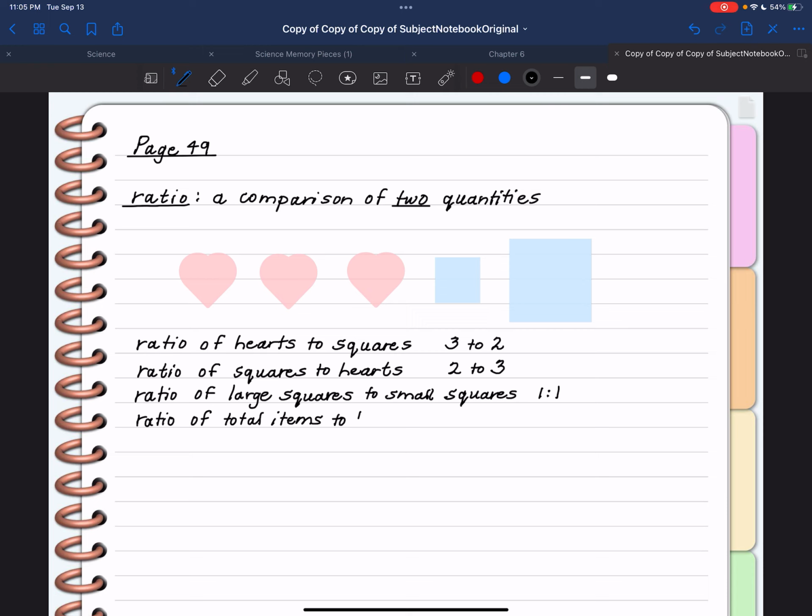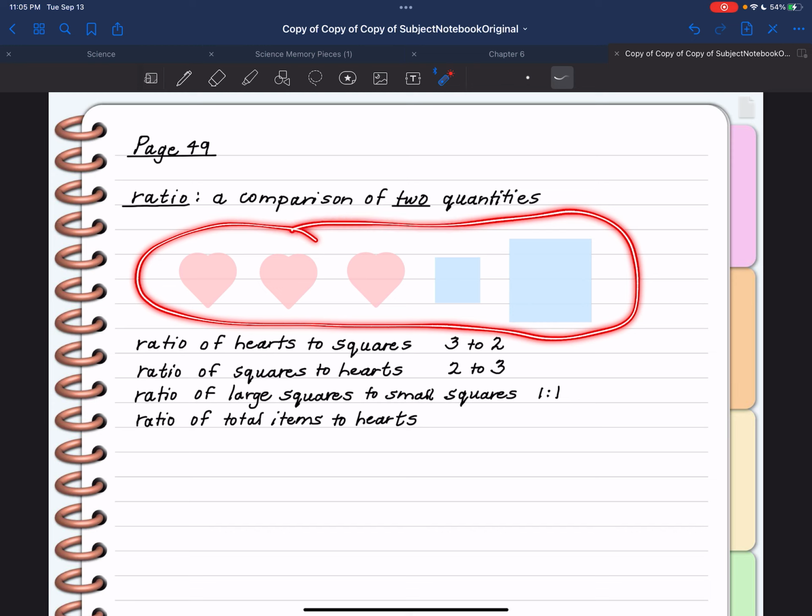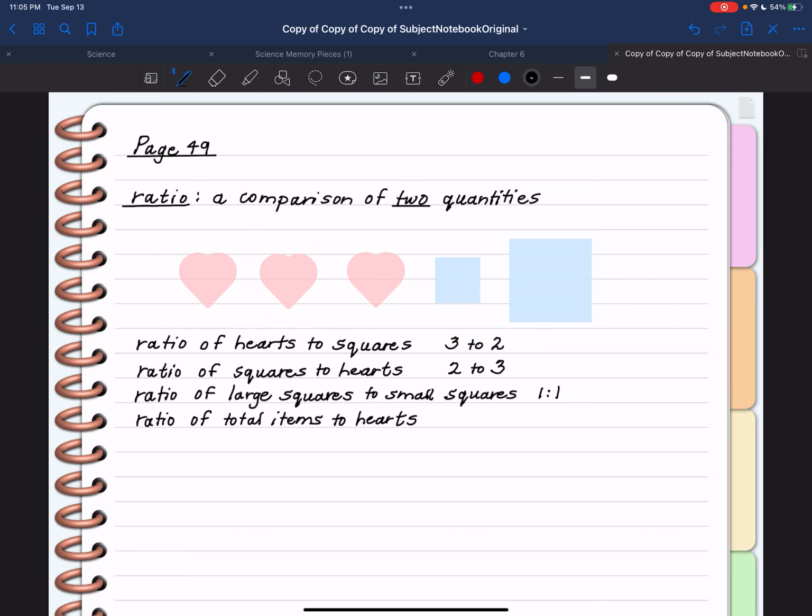This one, I've seen students struggle just a little bit with. How many total items are there in the array? That's the whole thing. There are 5. So I would put that first. How many hearts are there in the array? There are 3. So we would say that the ratio is 5 to 3. So at its most basic concept, this is what a ratio is. It's a comparison of 2 quantities.